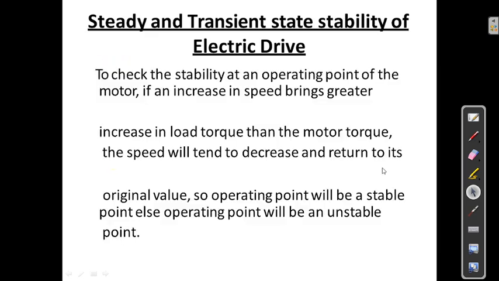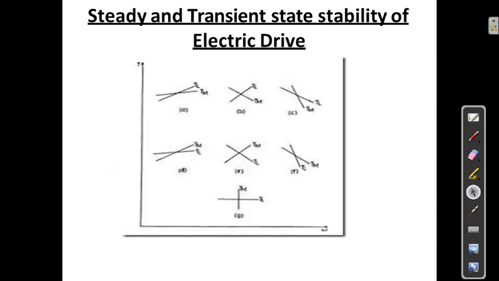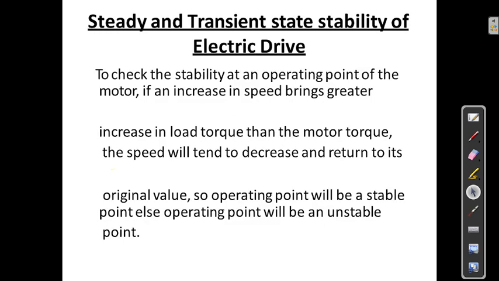To check the stability at an operating point: if an increase in the speed brings an increase in the load torque, then the speed will tend to decrease and return to its original value. So that operating point will be a stable point, else the operating point will be unstable.